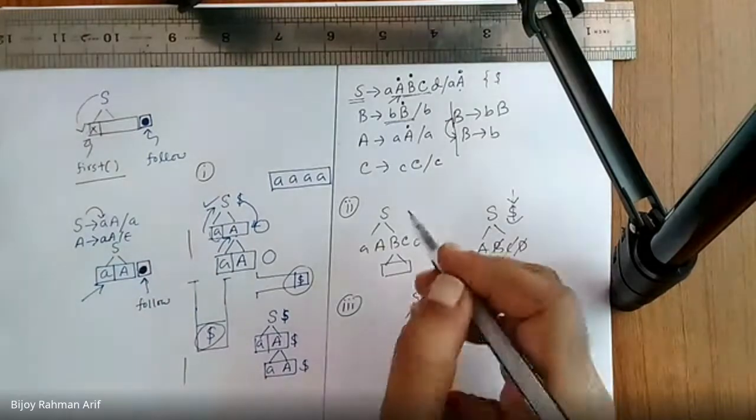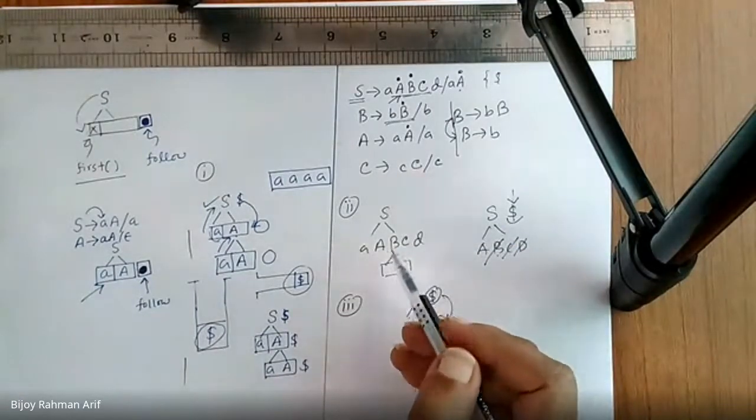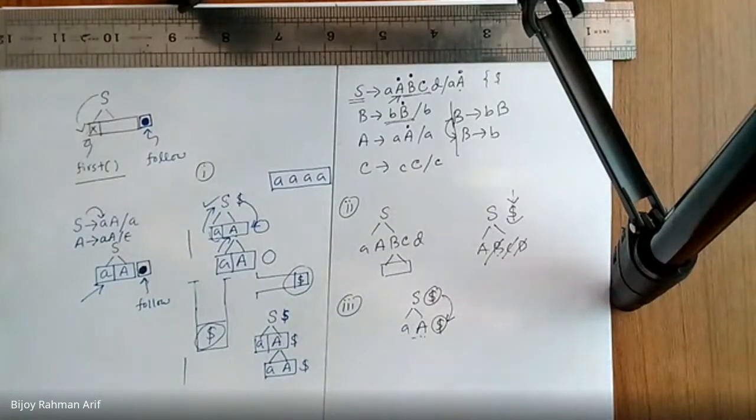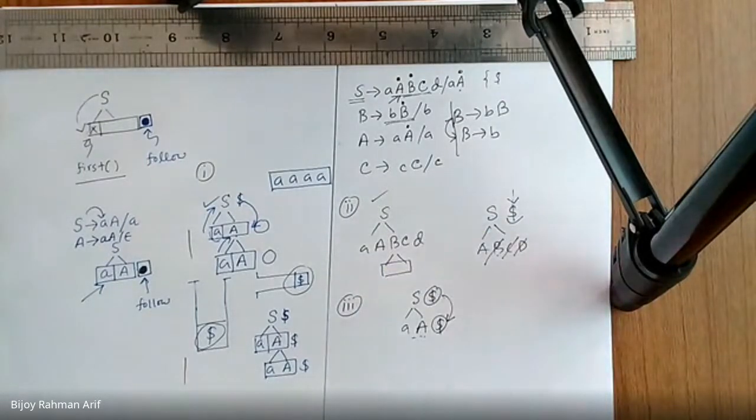Rule number 2 is, if we want to find out the follow of some variable, we try to find where that variable appears on the right hand side. On the right hand side, whatever comes after that variable, the first of that one is the follow. That is the second rule.